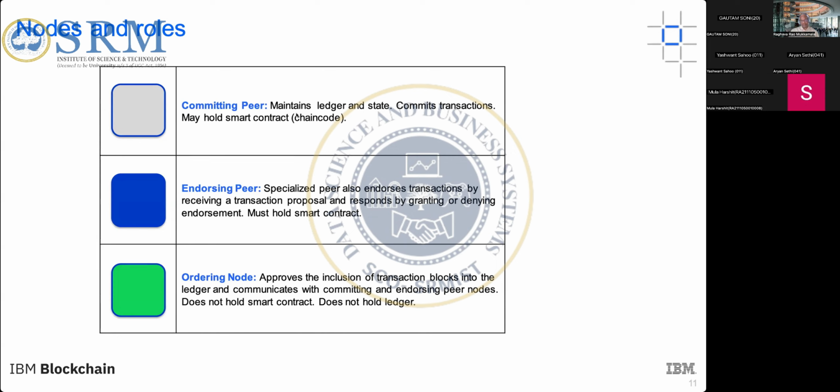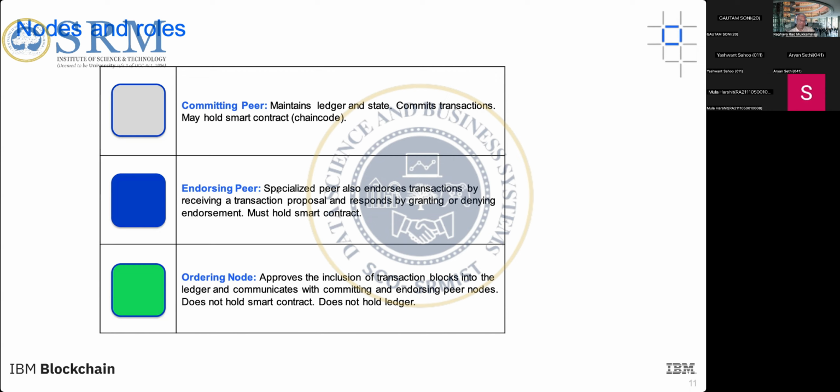The smart contract is nothing but chain code, some business logic. I don't know the reason they introduced the name chain code, but it's nothing but a smart contract. And then you have the endorsement peer.